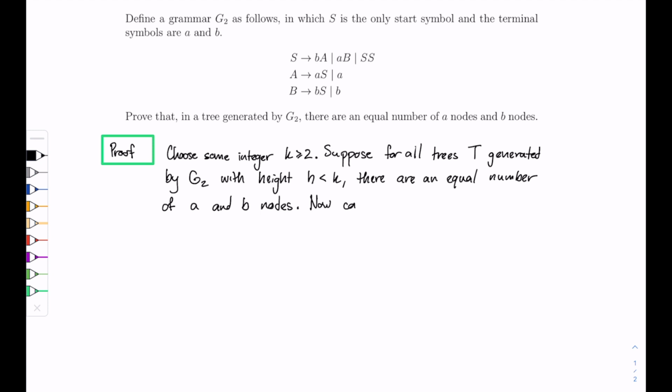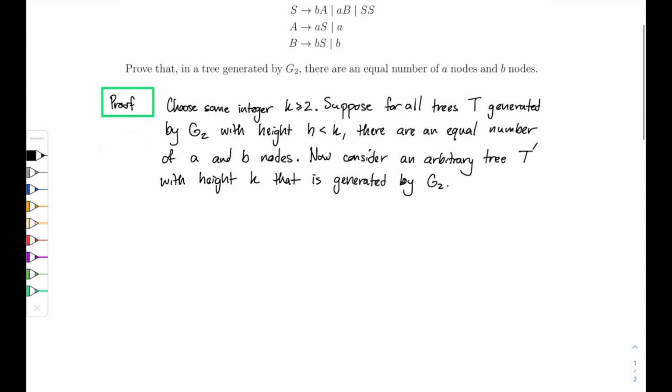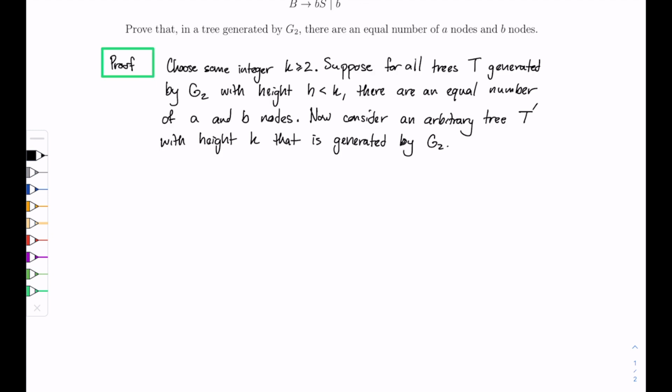And so consider an arbitrary tree, say T prime, with height k that is generated by G2. So we have two cases to worry about here based on parameter k.